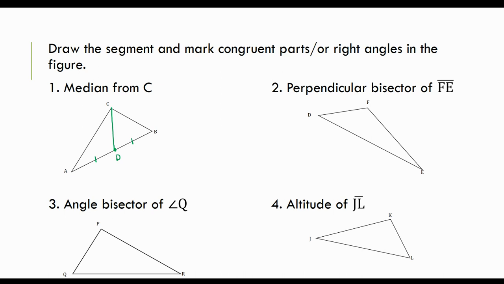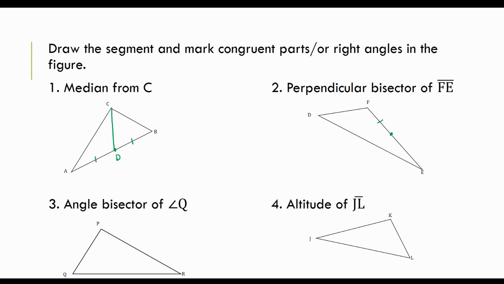In number 2, I want a perpendicular bisector of the segment FE. We're talking about two vocab words here, perpendicular and bisector. Start with the fact that it's a bisector of a segment, so the segment FE is being bisected. That means there's a point in the middle.